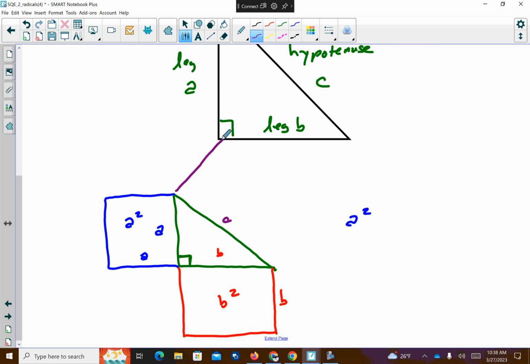So let's make a c by c square, which is c squared. This is what the Pythagorean theorem means. Do you feel comfortable calling them the blue, the red, and the purple squares, kind of? Let's pretend Sturp can draw really well. So the area of this and the area of this added together would give me the area of this. That's what it means. That's the fundamental foundation of the Pythagorean theorem.